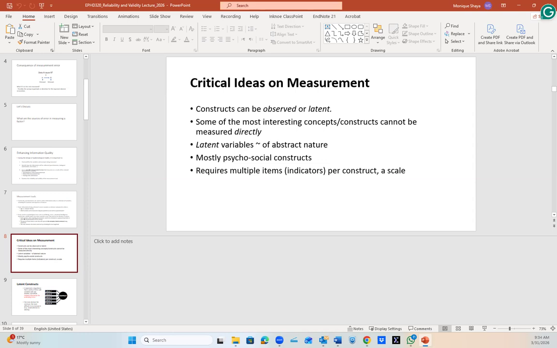Let's say the tools to measure weight, or any other anthropometric measure, are subject to some measurement error, right? A scale that always overestimates your weight will always give you a higher weight. So again, it will also misclassify you. So that's why the tool used for observation is also important.